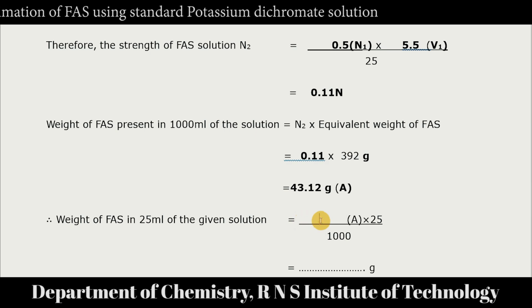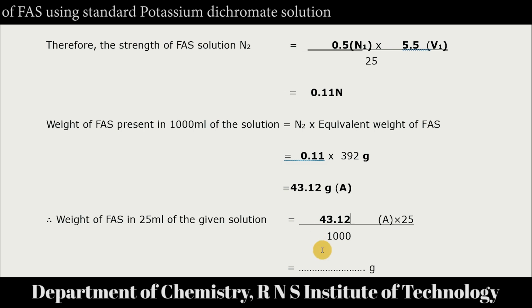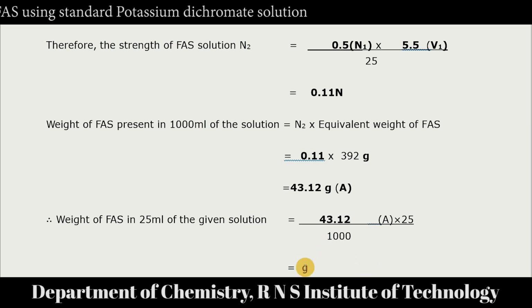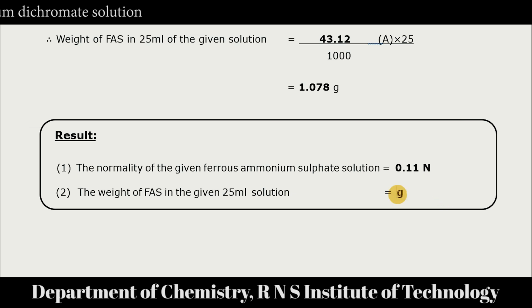So weight of FAS in 25 ml of given solution is 43.12 into 25 divided by 1000, that gives 1.078 grams. So the result: normality of given FAS solution is 0.11 normal, and weight of FAS present in 25 ml of solution is 1.078 grams.